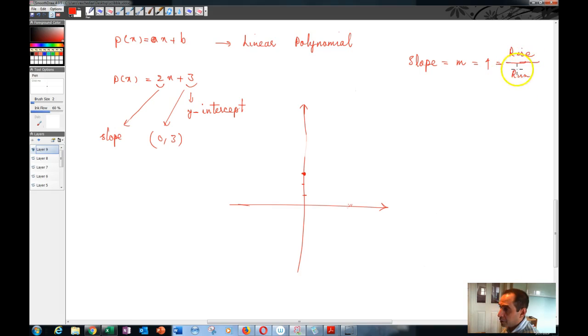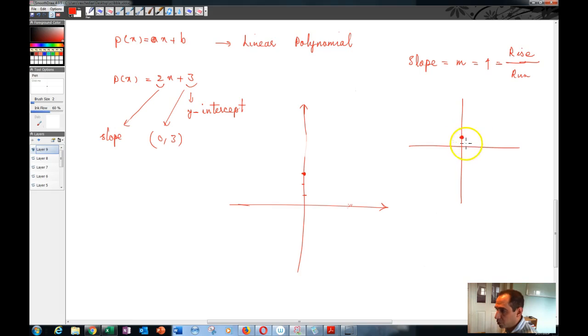So for one unit of horizontal change, you have 1 unit of vertical change. If you had a graph that looked like this, let's say this is a point on the graph of the function.